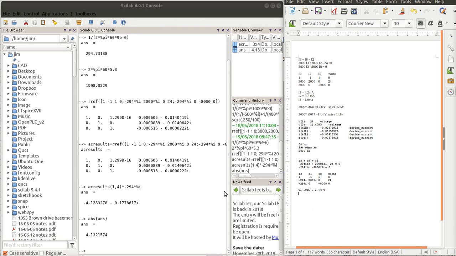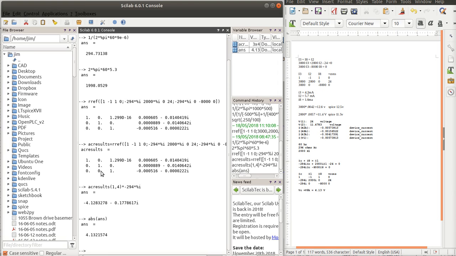But remember, it has a phase shift, it has an imaginary component. So I can't simply take 24 volts and subtract 4.13 and get the voltage drop across my inductor. I have to go ahead and multiply it out as well.